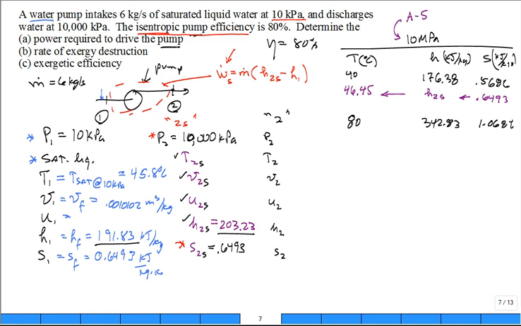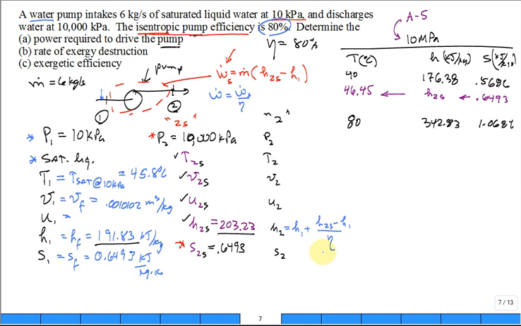You agree? Likewise, because of the efficiency, we find that the actual work is equal to the isentropic work divided by the 80% isentropic efficiency. Or you can also say that H2 is equal to H1 plus H2S minus H1 divided by the isentropic efficiency.